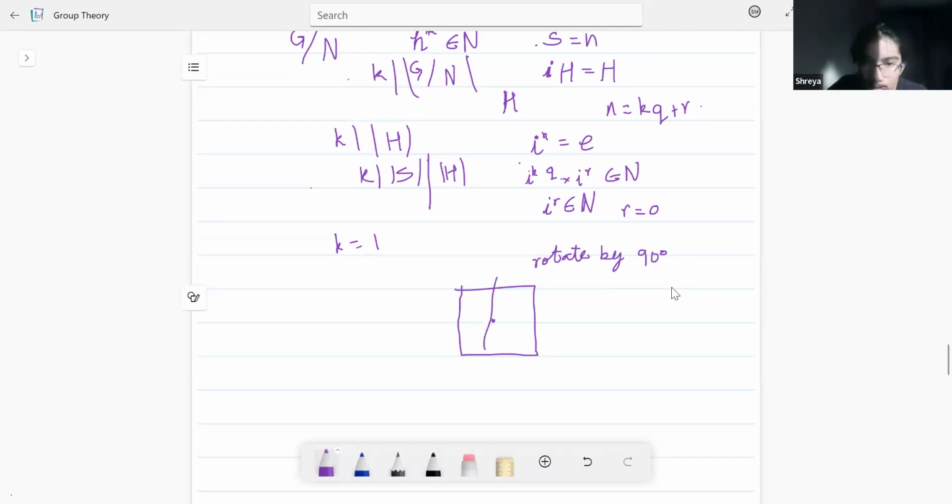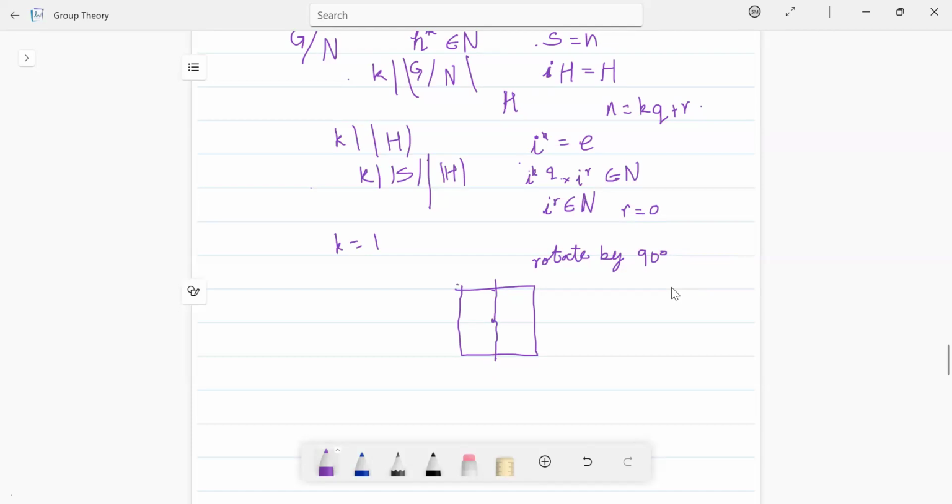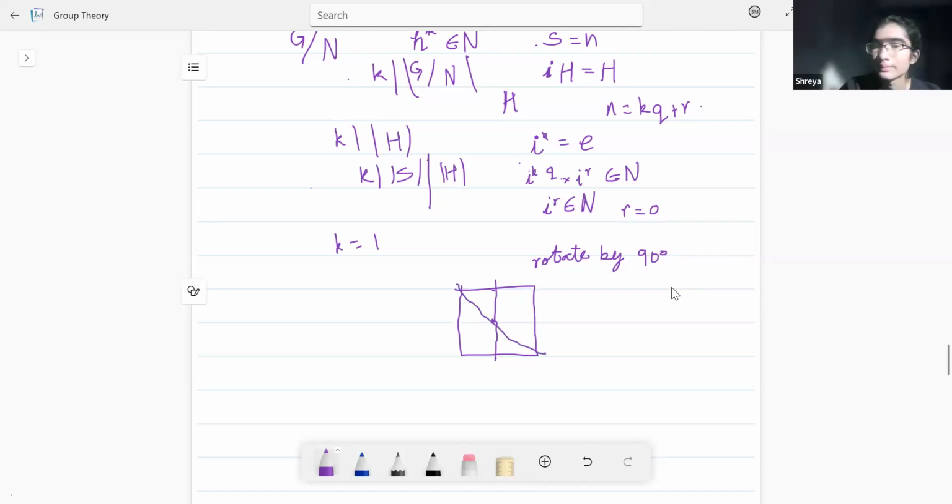Reflecting about this axis is nothing new, because it's just a rotation and then a reflection. And then there's the 45-degree reflection. So you get the group of all the symmetries, all the things you're allowed to do, and you can compose them like you compose transformations of the plane, like functions.